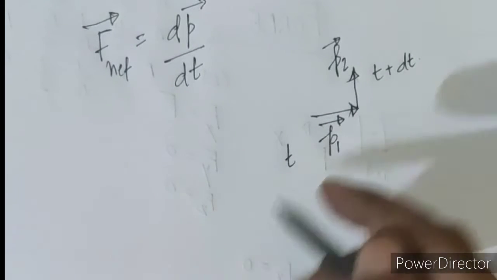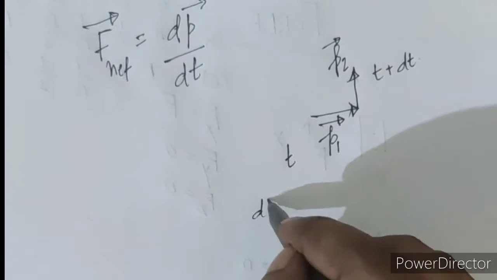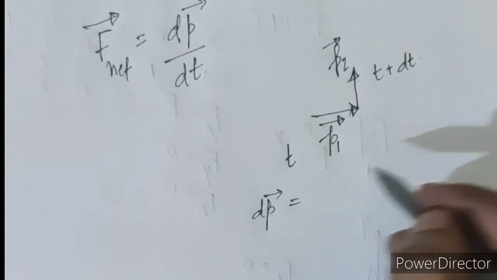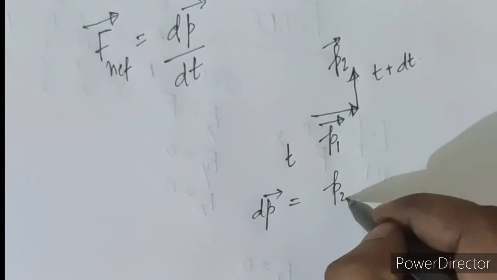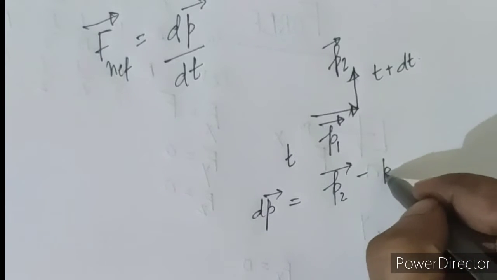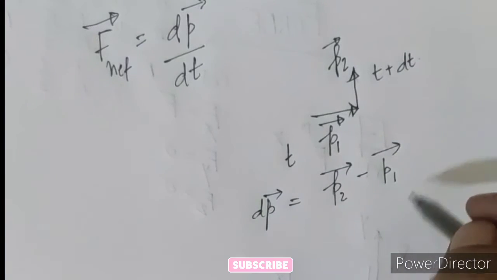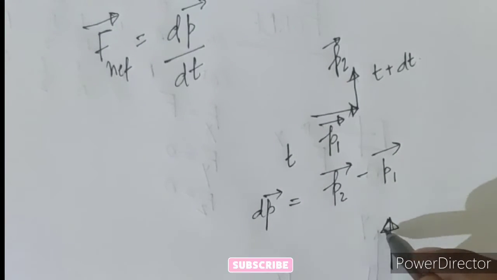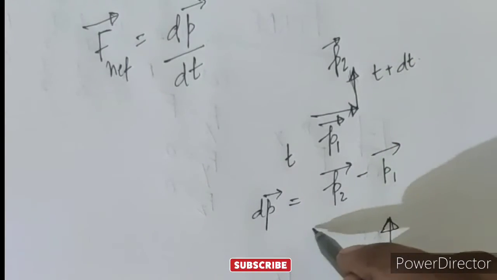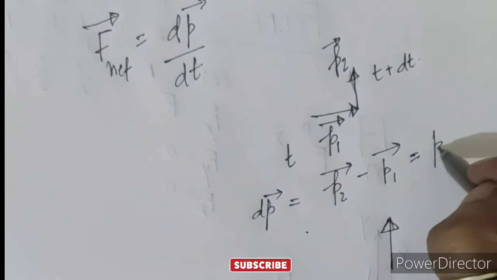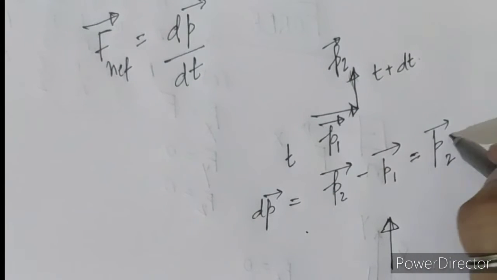Now if you want to calculate the dp vector, which is basically the change in the momentum vector, it is p2 vector minus p1 vector. So we have p2 vector along this direction, and we add minus of p1 vector to p2.